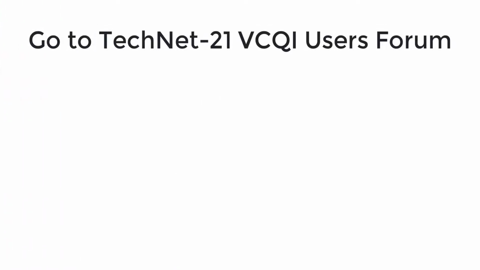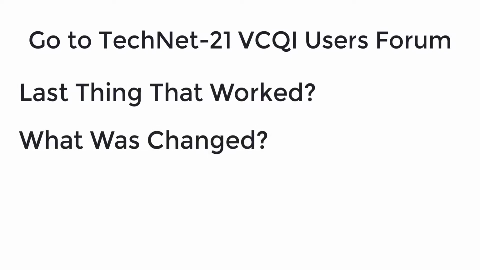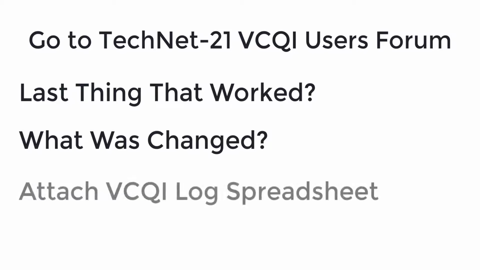In these instances, we recommend going directly to the TechNet21 forum and describing the last thing that worked, what you changed that caused it not to work, and attach a logged spreadsheet in order to help us in diagnosing the issue.